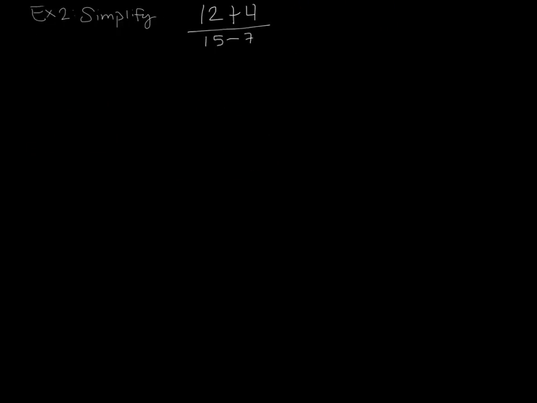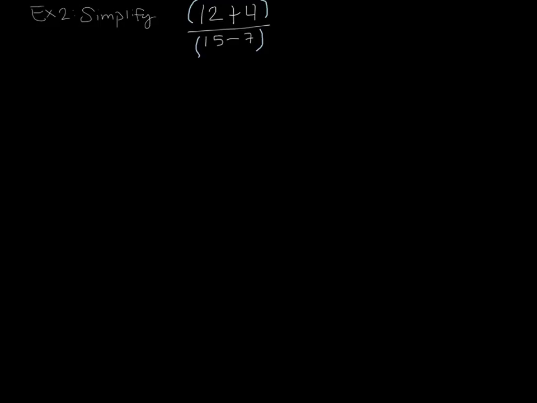Now here, the grouping symbols are actually a little bit hidden. This bar right here that separates the numerator from the denominator in the fraction, that implies that we have parentheses around the numerator, which is the top expression, and around the denominator, which is the bottom expression here.